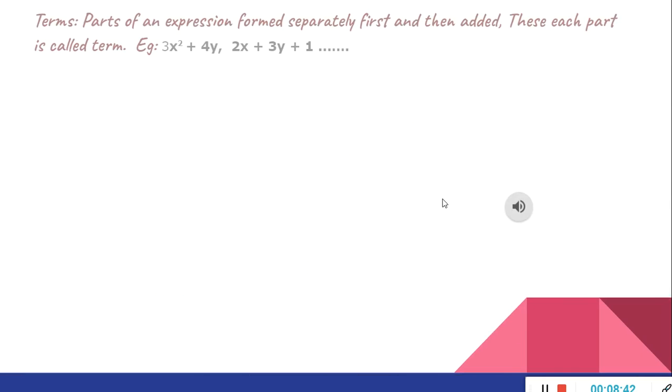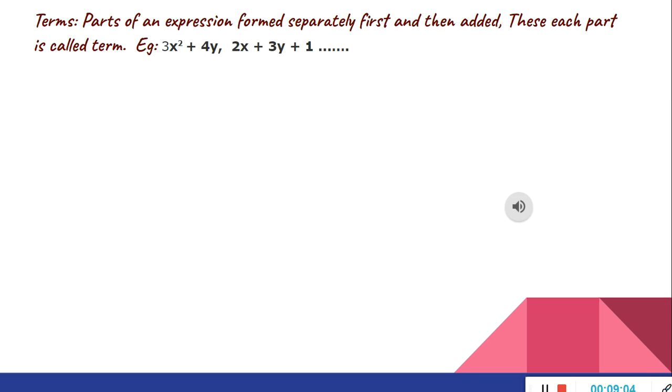Next point is terms. Terms are added to form expressions. Terms themselves can be formed as the product of factors. Parts of an expression formed separately first and then added, that is called terms. Each such part is called a term.